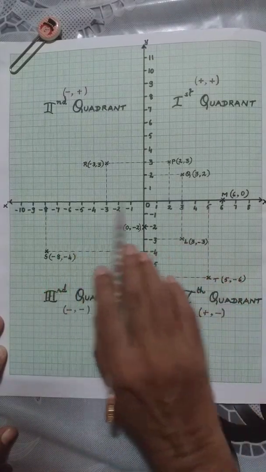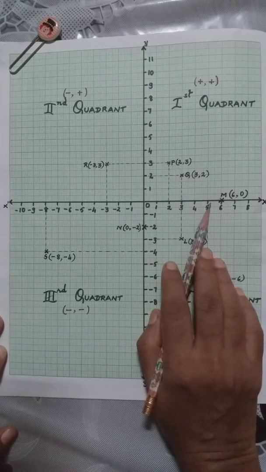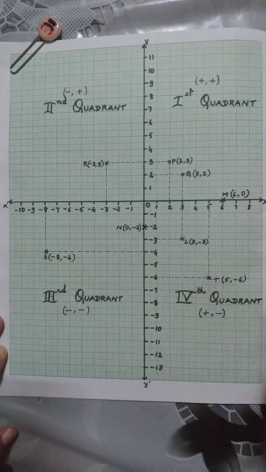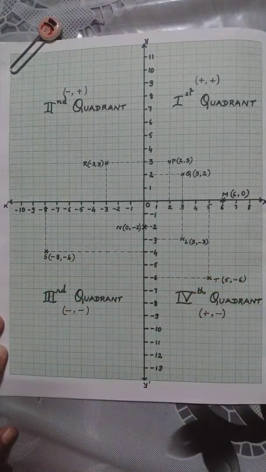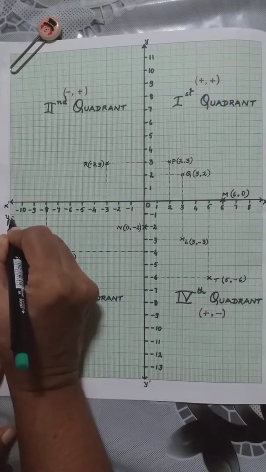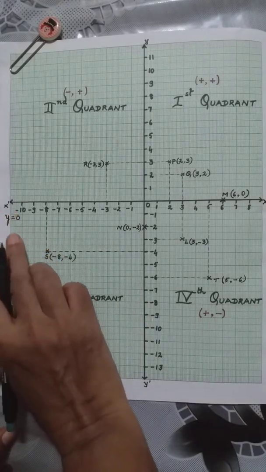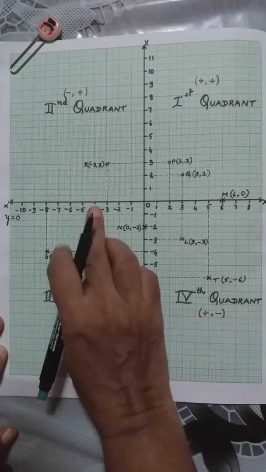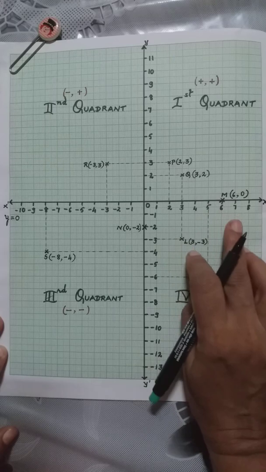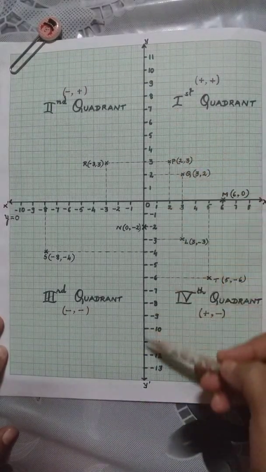Now since on the x-axis the y coordinate is 0, the equation of the x-axis is y is equal to 0. Okay, the equation of the x-axis is y is equal to 0 because every point on the x-axis has y coordinate 0.